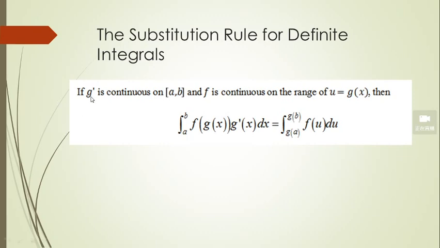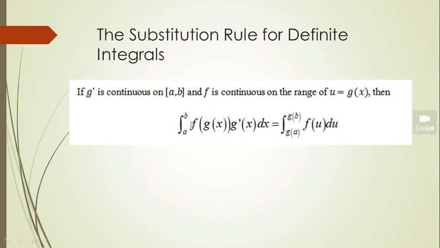Now let's see how we can apply the substitution rule to work out the net area. If u equals g(x), g prime is continuous on [a, b] and f is continuous on the range of g(x), because it's still the composition f(g(x)). The range of this function gives the domain for function f.